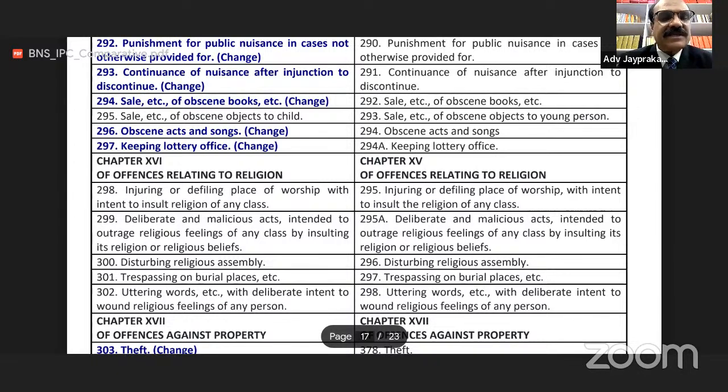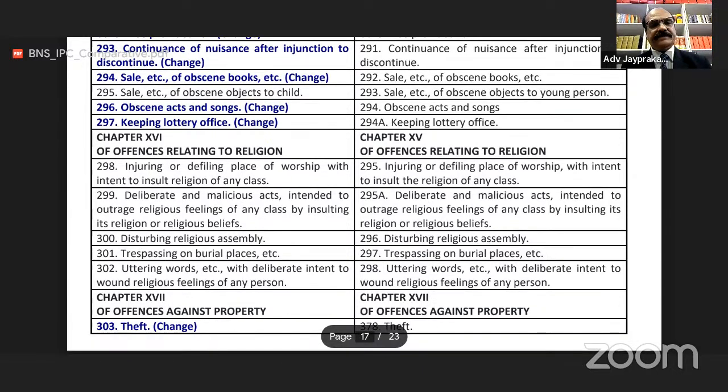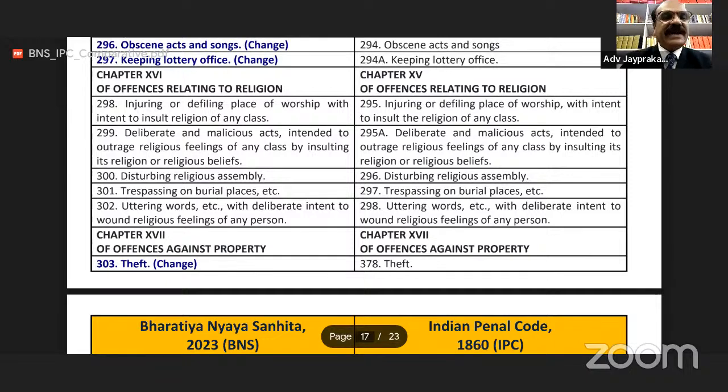Then Chapter 16, offences related to religion. Its earlier chapter was 15. BNS section 298, injuring or defiling place of worship with intent to insult religion of any class.